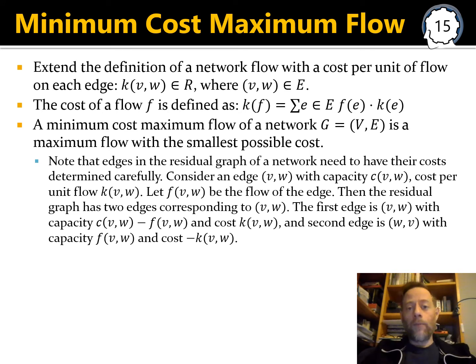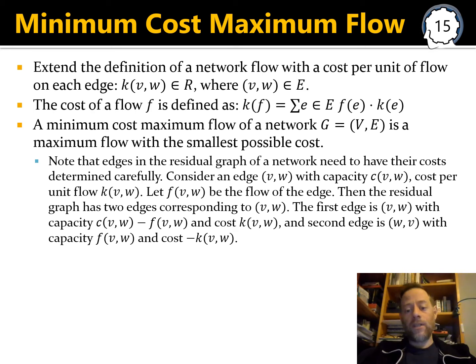So one important observation here is that now the edges in the residual graph must also have their cost determined carefully. So we might have an edge VW with a capacity CVW, and the cost per unit flow is of course K. And if we let FVW be the flow of that edge, then the residual graph has 2 edges corresponding to this.